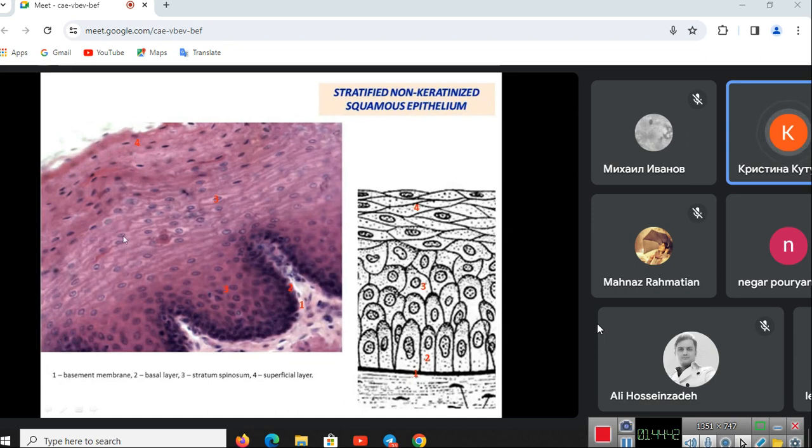Where the cell nuclei are oval or round in shape, this will be stratum spinosum. So stratum basal, stratum spinosum, superficial layer with flattened cells. Here we have one cell differon, so this differon includes stem cells, cells in process of differentiation and mature cells, and then aging and dying cells.